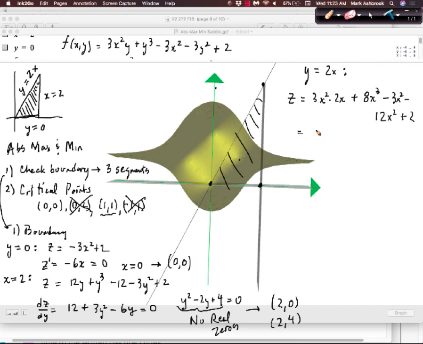I've got 6x cubed plus 8x cubed. Is that 14x cubed? And minus 12x squared minus 3x squared, so that's minus 15x squared. Yep, I missed my minus there. Plus 2.